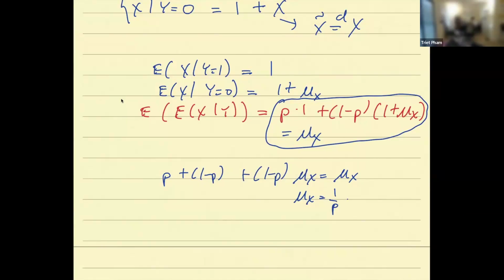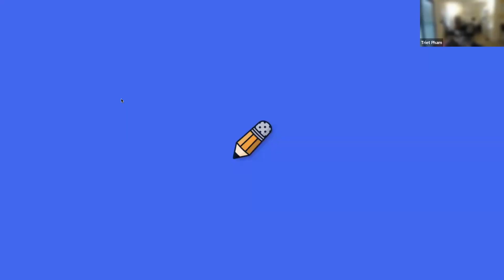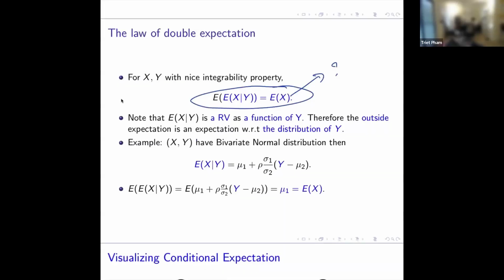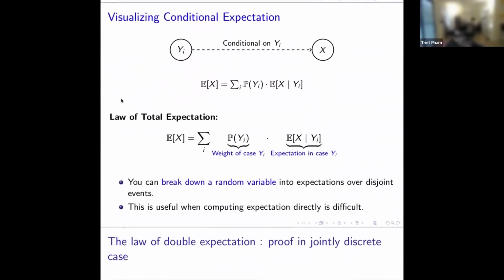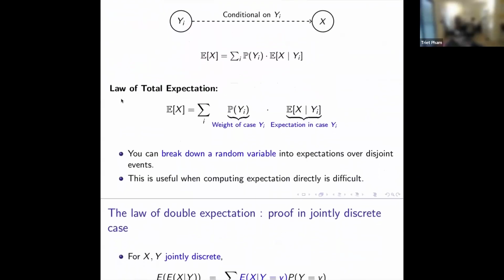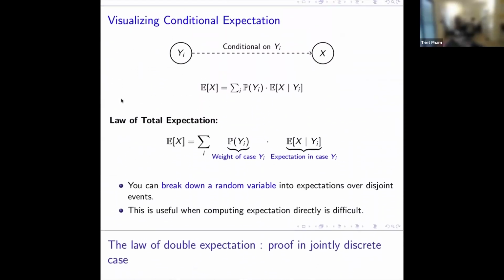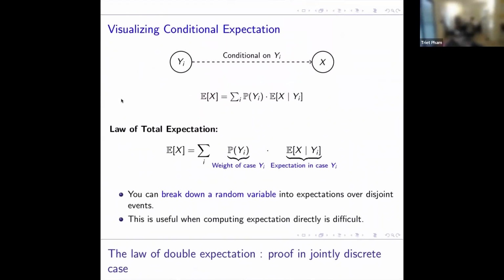Any question? Okay. So by the way, this picture right here doesn't mean much, but basically the law of total expectation, from this picture, should tell you that it's not really a new phenomenon.